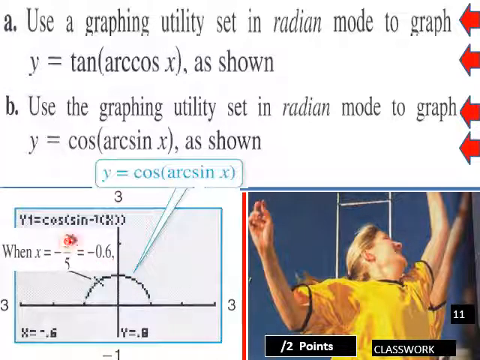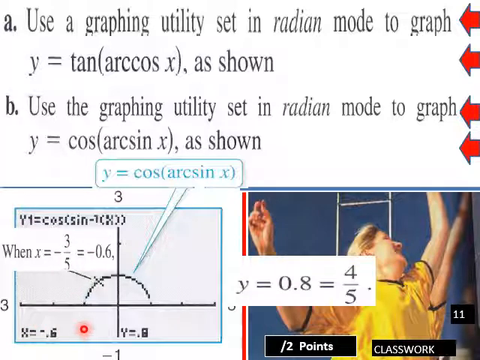When x equals negative 3/5, which would be here, or negative 0.6, y would equal 0.8. So this would be your y value for your x entry there, which is 4/5. So that checks your previous work.